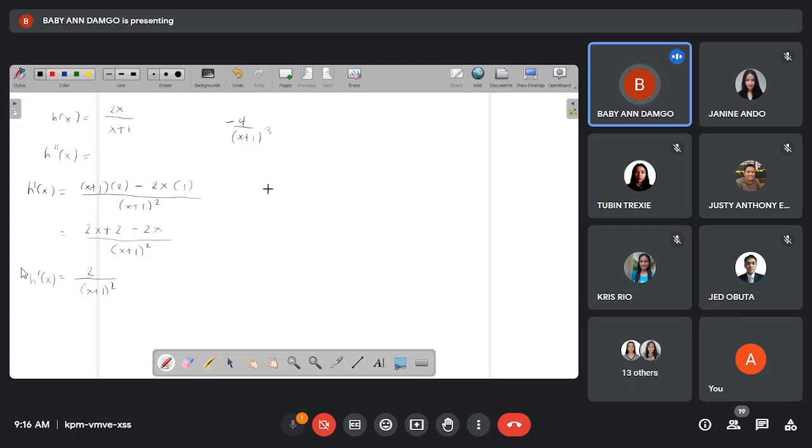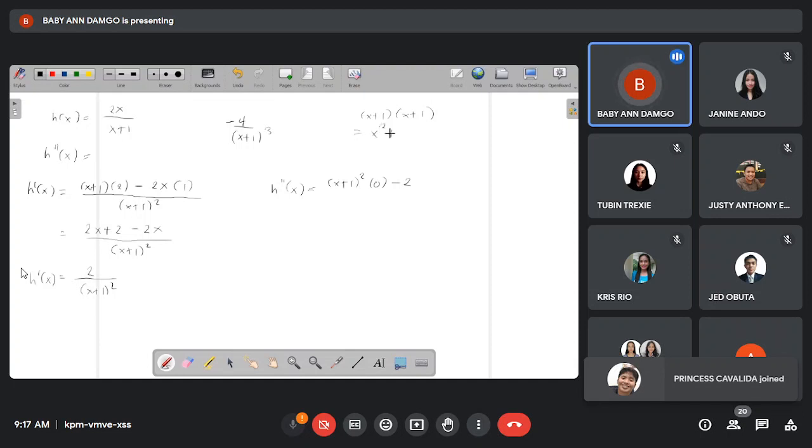Okay. Next, we need to find the second derivative. Apply again the quotient rule. So this is x plus 1 squared times the derivative of 2, which is 0, minus 2 times the derivative of x plus 1 squared. There is actually a shortcut, but we haven't reached it yet, so we can just expand it.